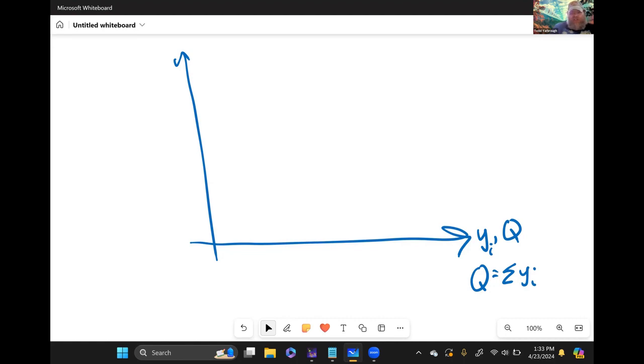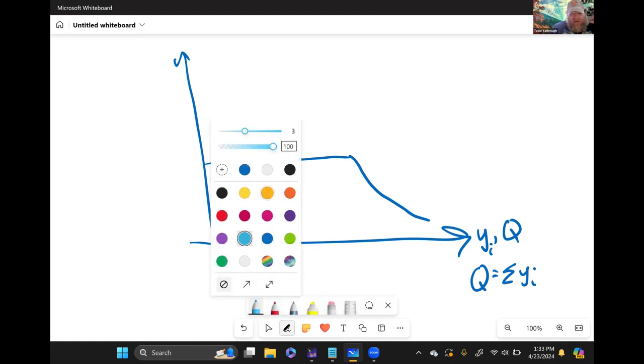Now, the reason why I show it this way is because the demand curve that the firm faces looks like this. So it's horizontal for some time period, and then it sort of trails off this way. And then let me add a slightly lighter color here.